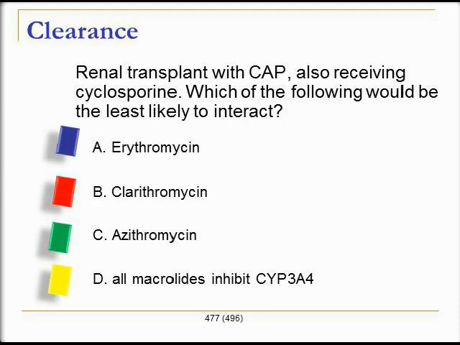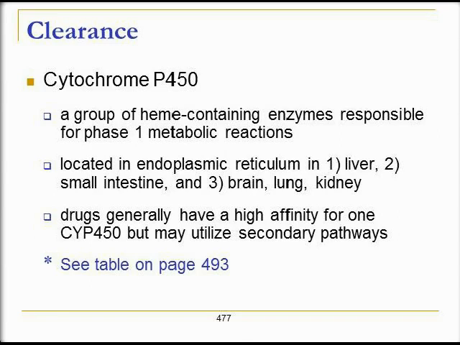That's good. So I'm going to talk a little bit about cytochrome P450 and characteristics of cytochrome P450. It's a group of enzymes that are responsible for phase 1 metabolic reactions. And so if you look back on table 3 on page 475, you'll see they were under the oxygenases, and those are phase 1 reactions.